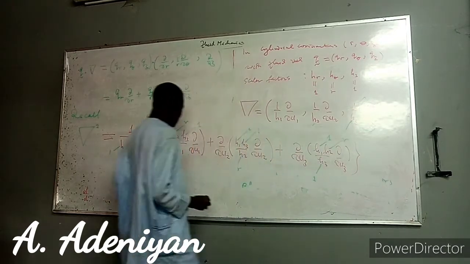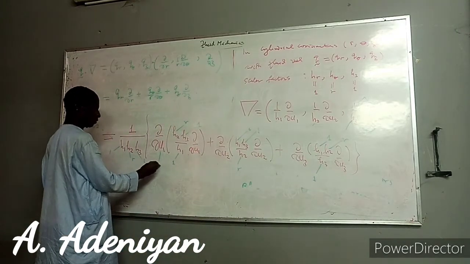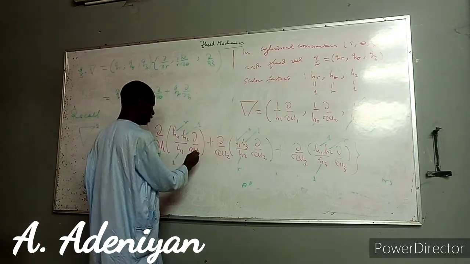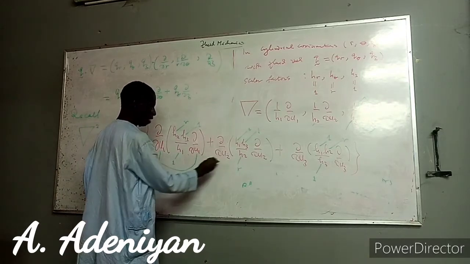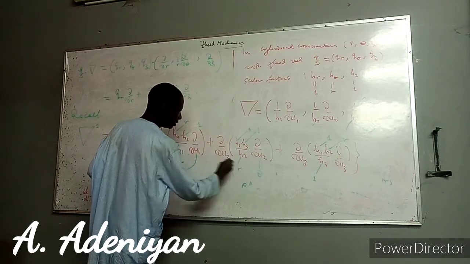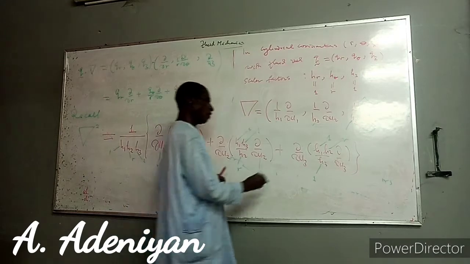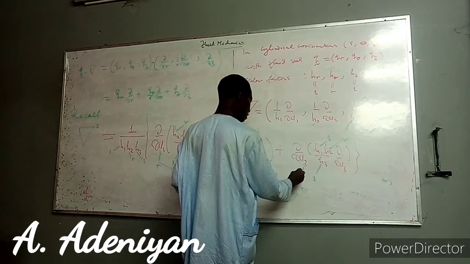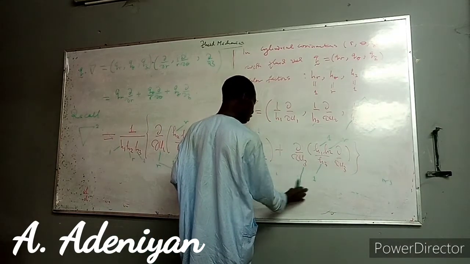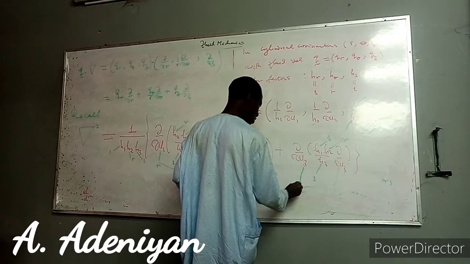Of course, in this coordinate system, our u1 corresponds to r, our u2 corresponds to theta, and our u3 corresponds to z.